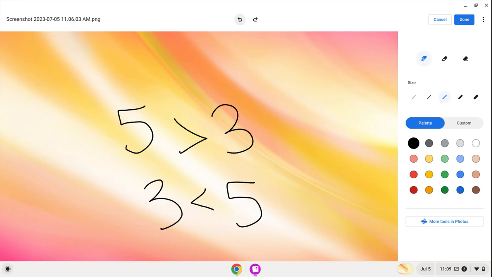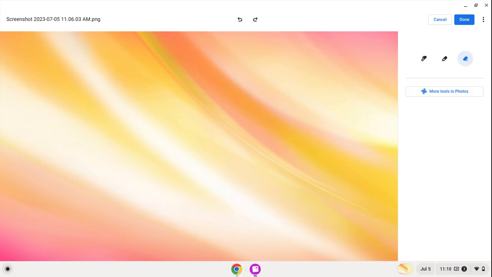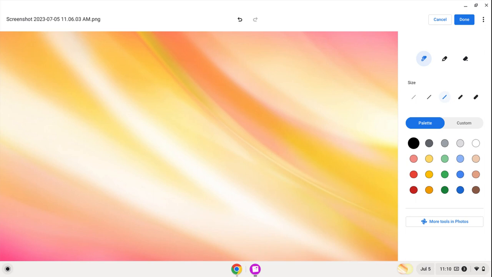So this one means 5 is greater than 3, and this one means that 3 is less than 5. They mean the same thing, I'm just writing them differently. I'll do some more examples to make it clear.